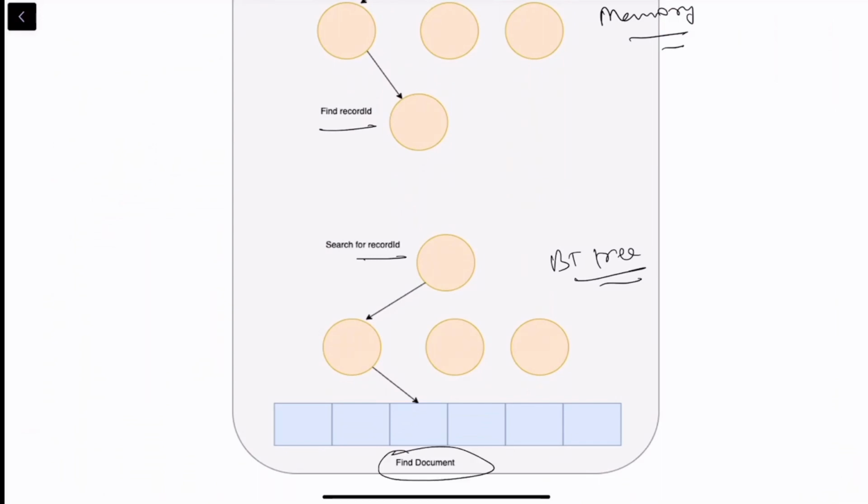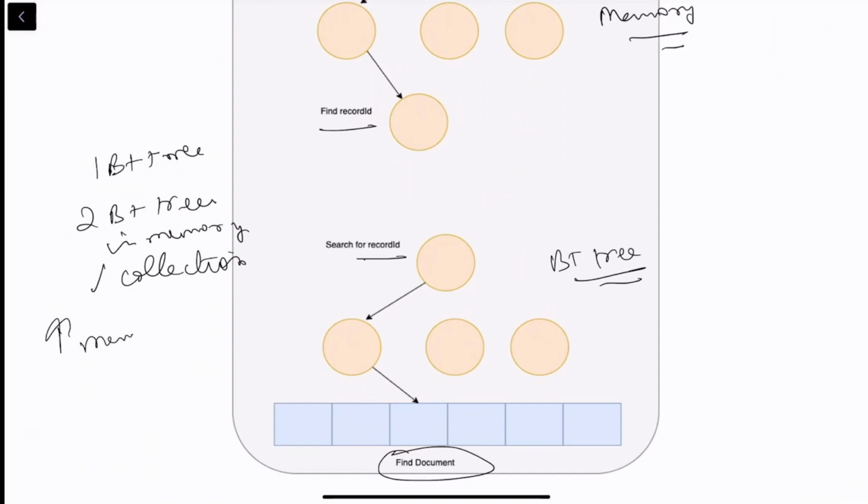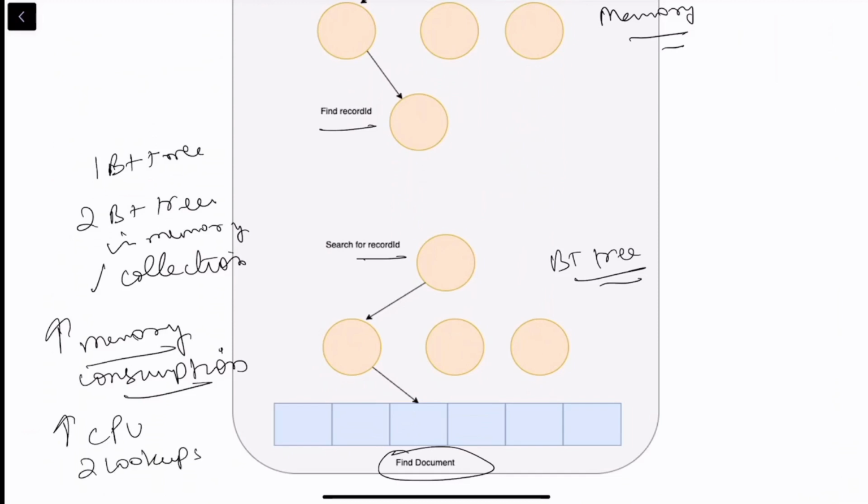So instead of storing one B+ tree, there were two B+ trees in memory per collection, which resulted in an increase in memory consumption. Also, it increased the CPU usage, as now you have to do two lookups instead of one.